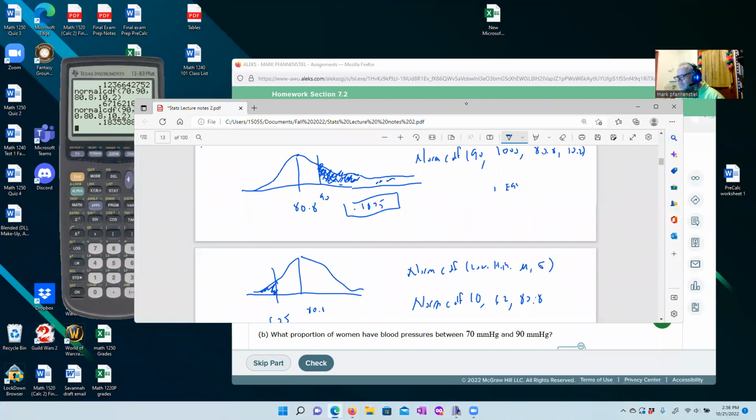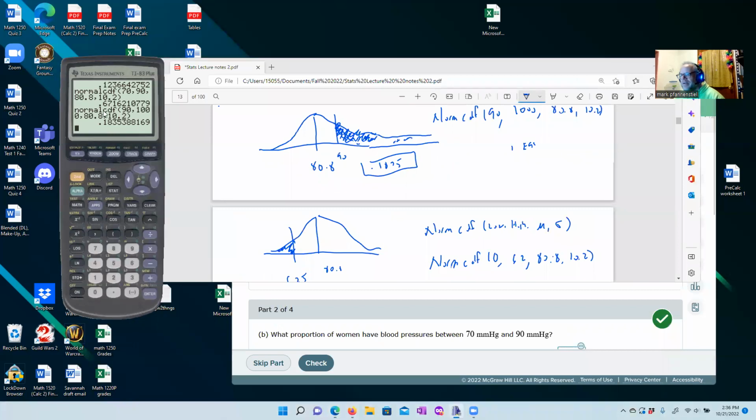So distribution, okay, we want normalcdf, and we want a low number, so we're just going to pick 0 up to 62. Our average is 80.8, and our standard deviation was 10.2.